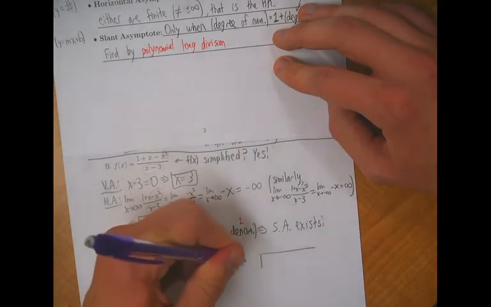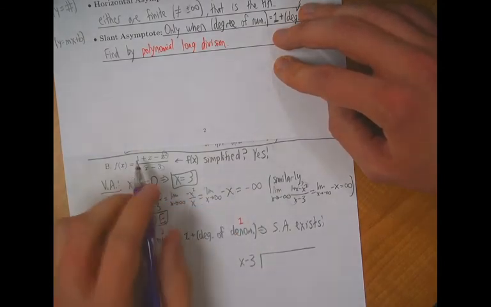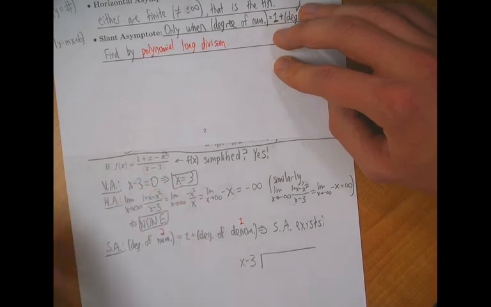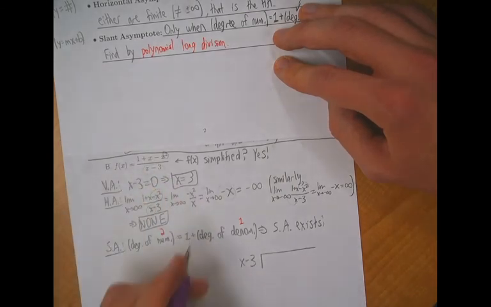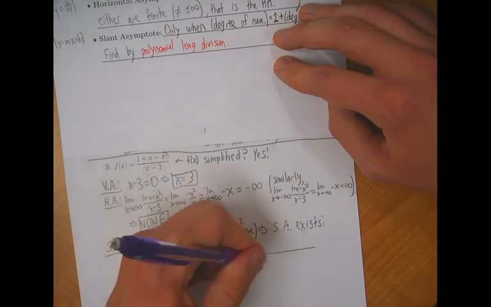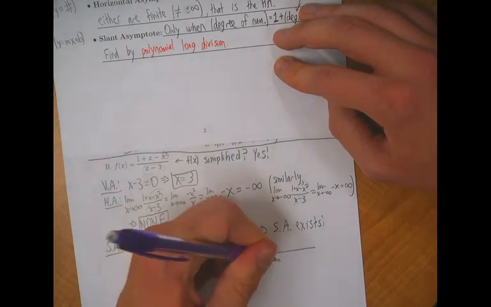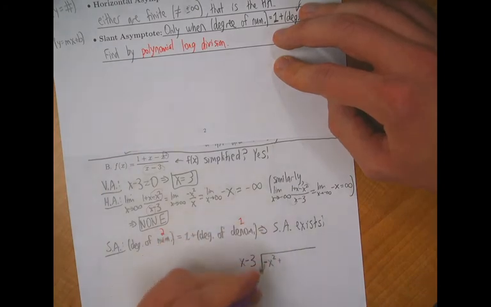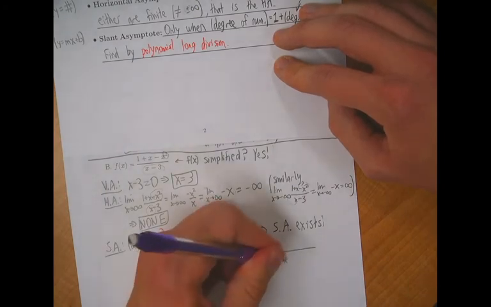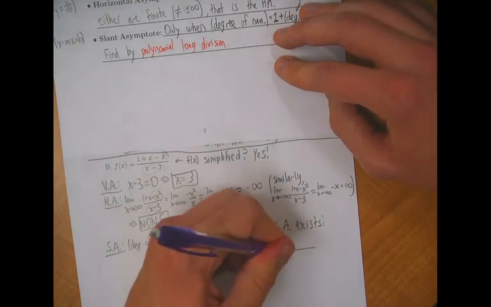The denominator x minus 3 is going to be to the left of said box, while the numerator is going to be inside here. And I'm going to rewrite our numerator so that the leading term is in front, followed by any terms that have a smaller degree. So negative x squared plus x, because that's the next highest leading term, and then plus 1.